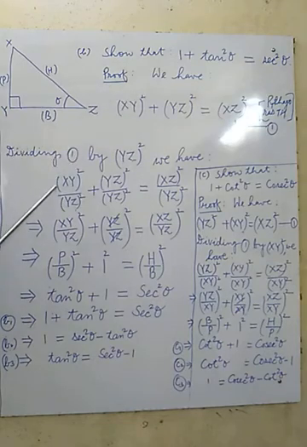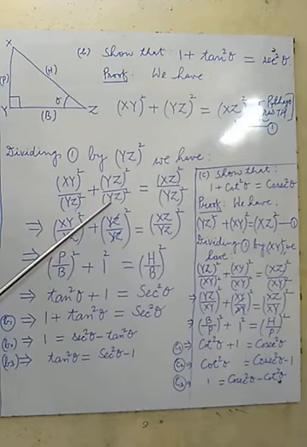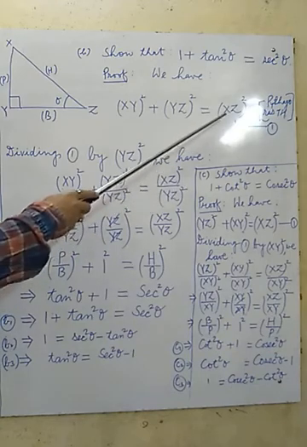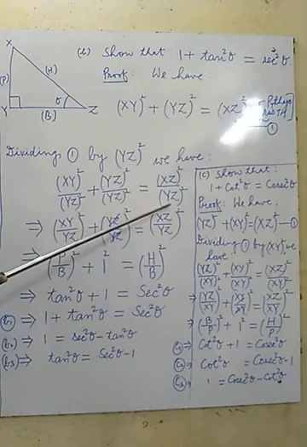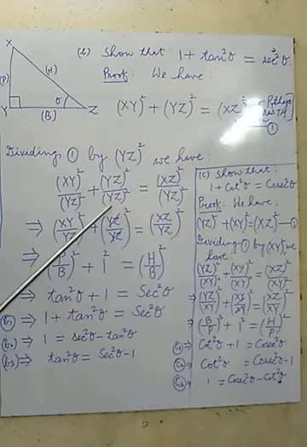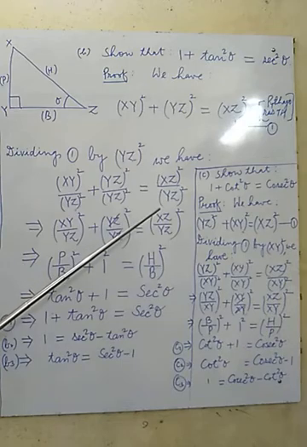XY whole square is noted down, and it is divided by YZ whole square. Again, the second one is YZ whole square, so I have noted down YZ whole square divided by YZ whole square, equal, the mark of equal will be there. Now here XZ whole square we have noted down, and this will also be divided by the same quantity, YZ whole square. So the total equation is divided by YZ whole square.